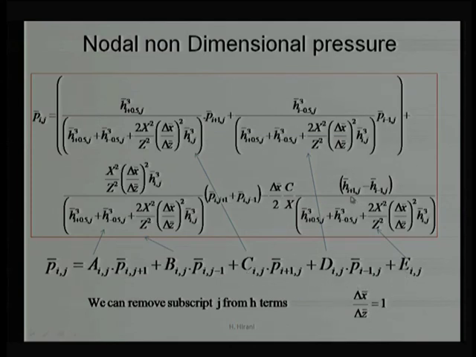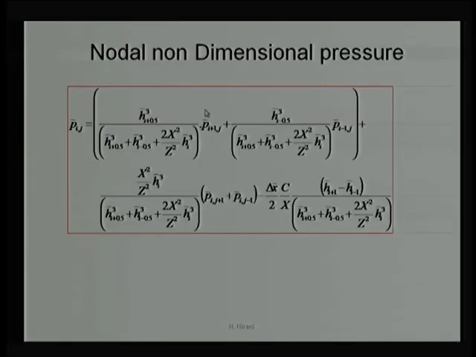Here also you can see that only i is changing, but j is not changing, j can simply be removed, it is not representing anything else, because there is no variation in the z direction which is accounted for in the present case. So, we can drop these terms, and with that we can see the simplified equation here.